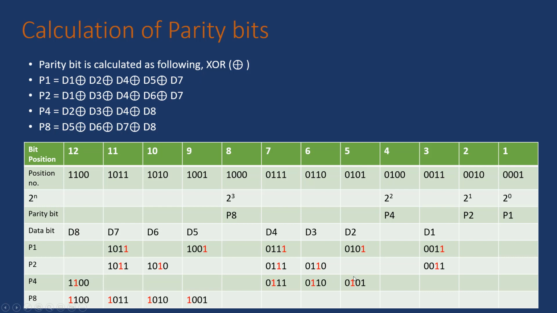And then this bit is going to be written as 1 or 0. Example here, parity bit 8 is going to calculate data bits 5, 6, 7, 8. 5, 6, 7, 8 to calculate the exclusive OR to get either 0 or 1, and then save it into the parity bit here.